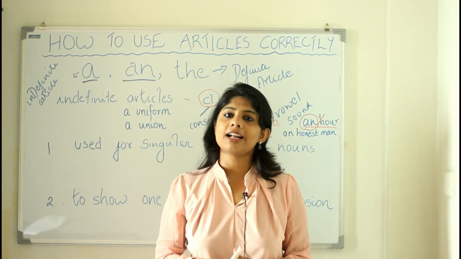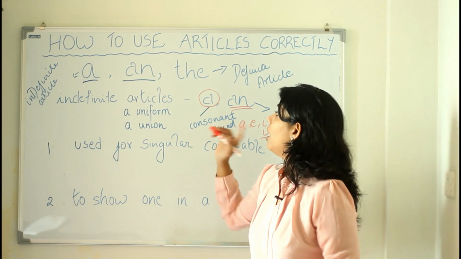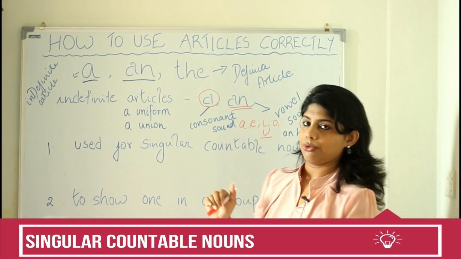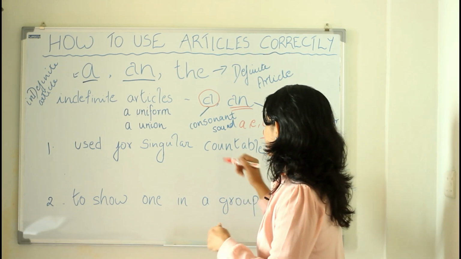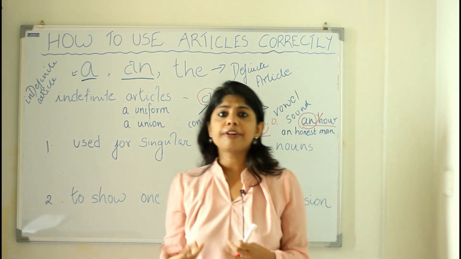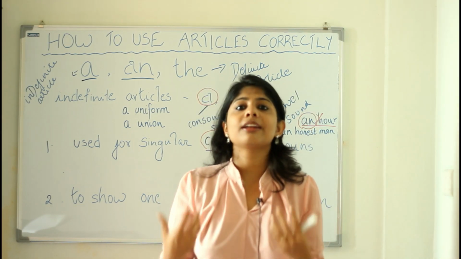Now there are two rules that you need to always keep in mind. The first one: an indefinite article is used for singular countable nouns. Now, I'll explain what this word countable means. When you refer to a book, a pen, a baby, these are things that you can count.